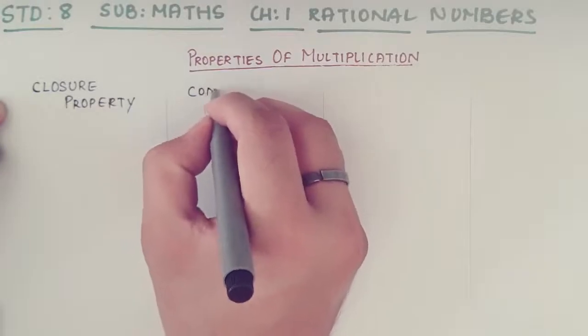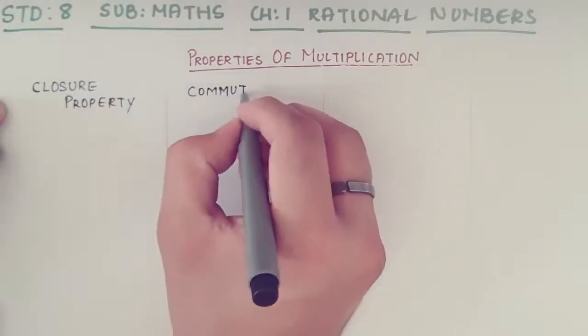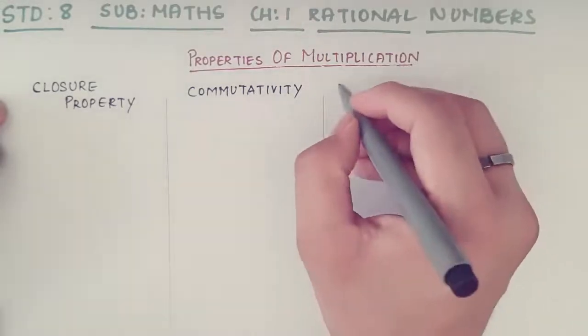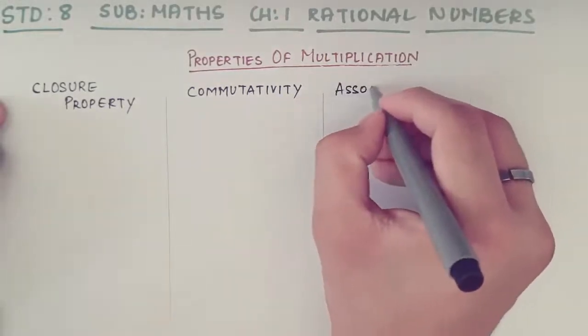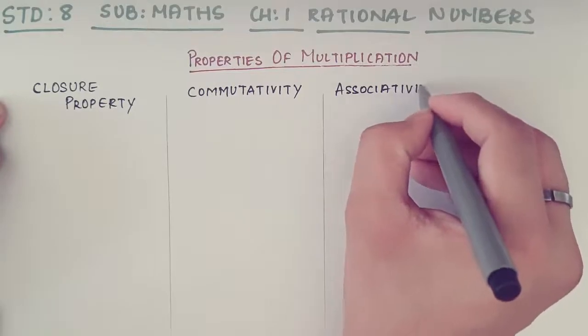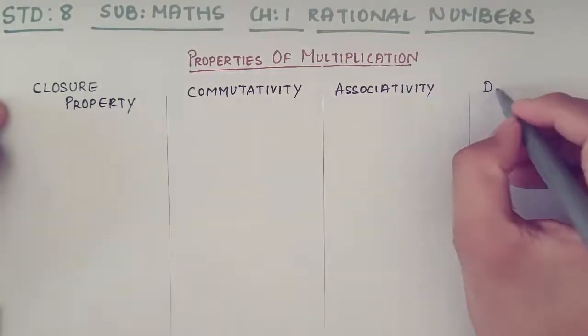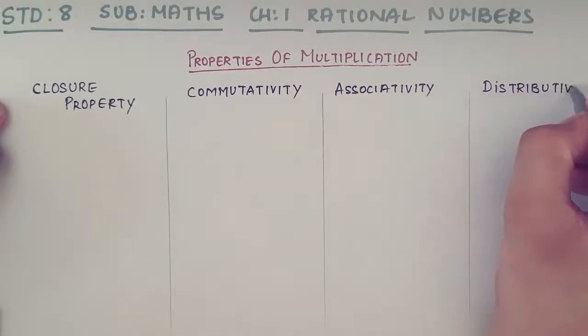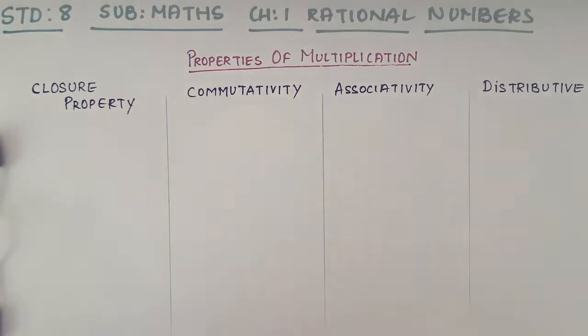Second, we have commutativity. Then we have associativity. Then we have distributive. Okay, so this is what we are going to study, and there are two more that I'll be explaining you.